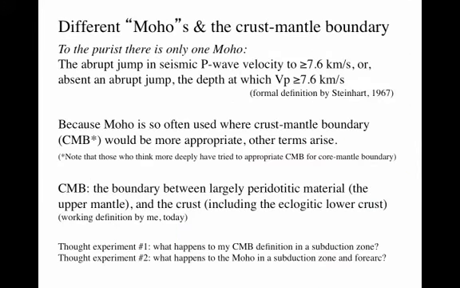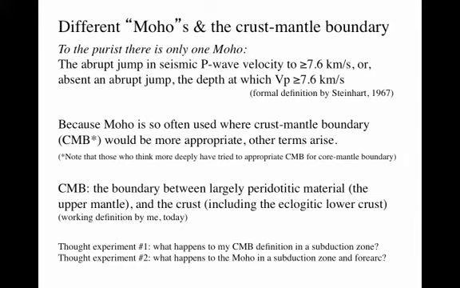So we have different mohos, the petrologic and the seismic mohos, and some other definitions that we won't go into here. And we have a crust-mantle boundary. To a purist or to a geophysicist who's thinking purely about geophysics, the moho is simply an abrupt jump in the seismic P wave velocity to above about 7.6 kilometers per second, or the depth that corresponds to that velocity increase.